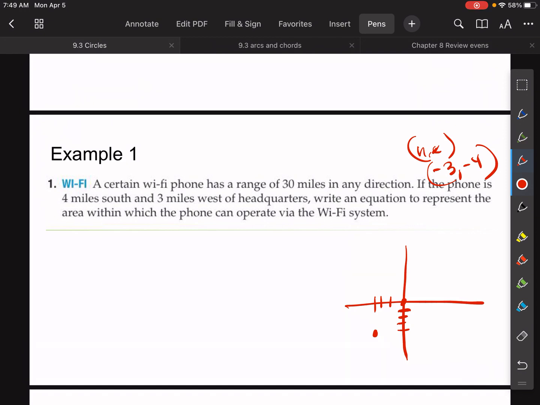Okay, write an equation to represent this. And the radius we know is 30. So we know that x minus h, the h value here is -3, so x minus -3 squared plus y minus -4 squared is equal to the radius squared, which is 30 squared.